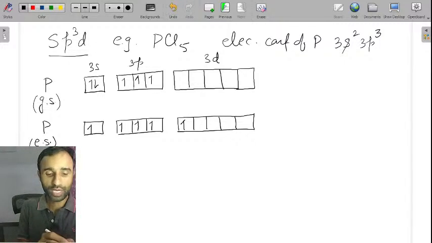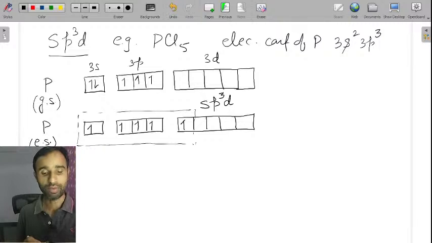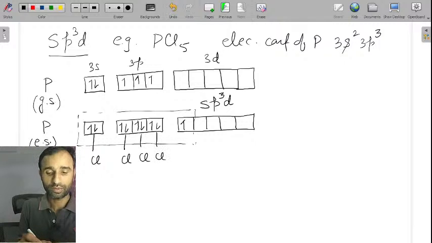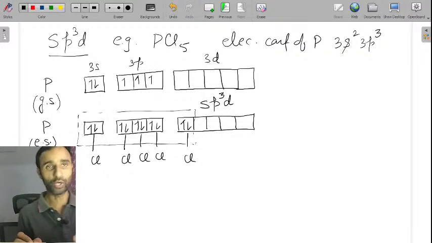After getting these 5 unpaired electrons, these orbitals undergo hybridization, 1s, 3p and 1d. So sp3d hybridization takes place, and each sp3d hybrid orbital overlaps with the 3p orbital of chlorine. In this way we get 5 bonds.